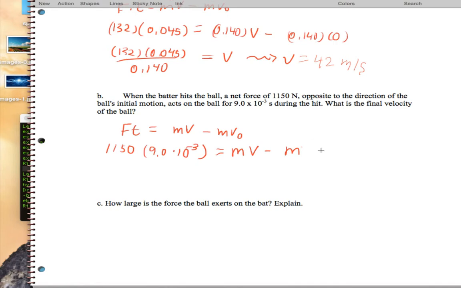And the v here, let's be really careful. Since the force is in the opposite direction, I can write 42 meters per second here for my initial speed, but then I need to be really careful to make the force negative here because it is opposite to the direction of the ball's initial motion.